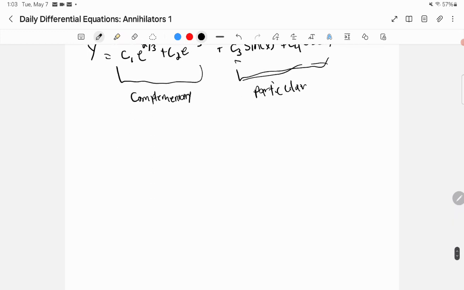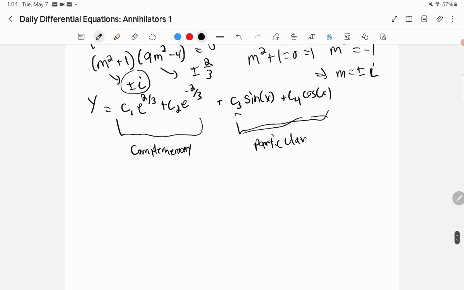And the nice thing about the annihilator method is that we don't have to make a guess as to what the solution form should look like and then go back and revise our guess. It automatically gives us the form of the solution. So we just have to go back and find c3 and c4.